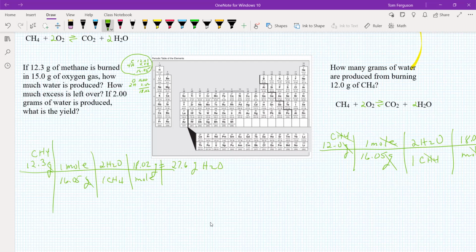Step number two is we need to do the same deal, only using oxygen. Oxygen is 16 grams per mole. There are two of them, so that's 32.